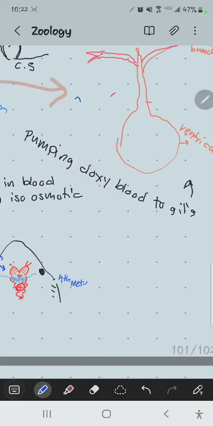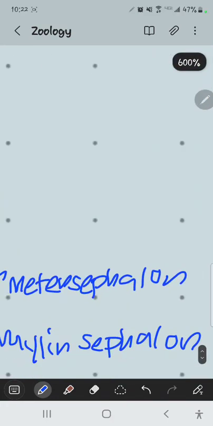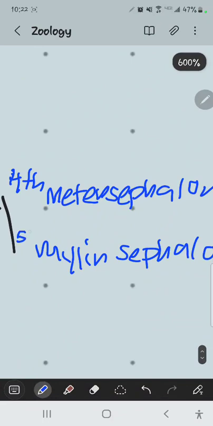And then this last lobe is called the myelencephalon. And this is involuntary. This is like respiration, gill respiration, like pulling water in with your pharynx and pushing it over your gills.